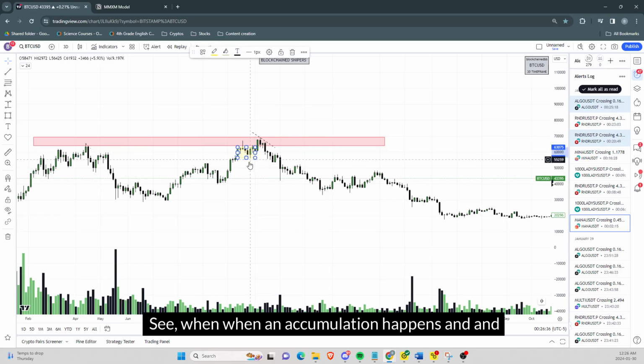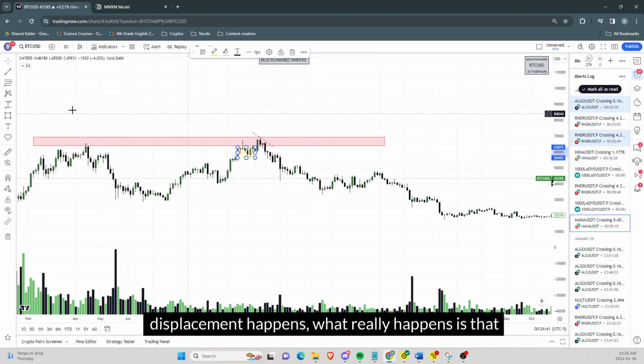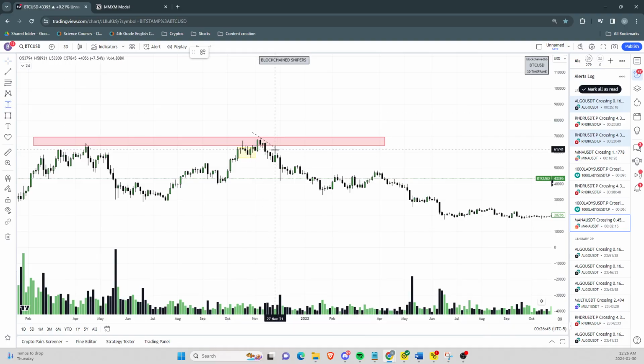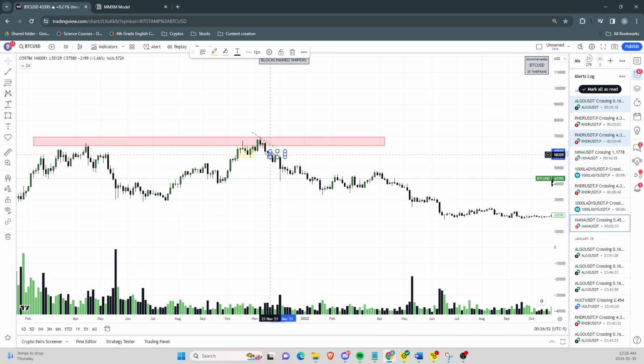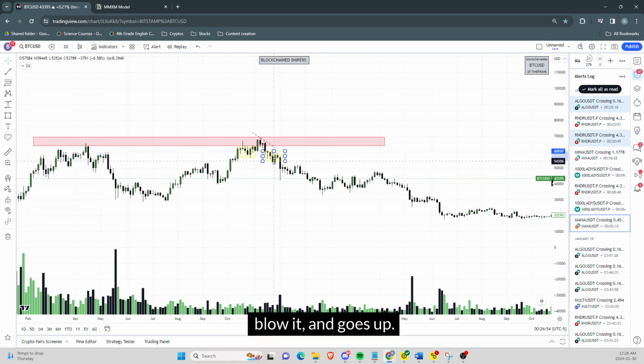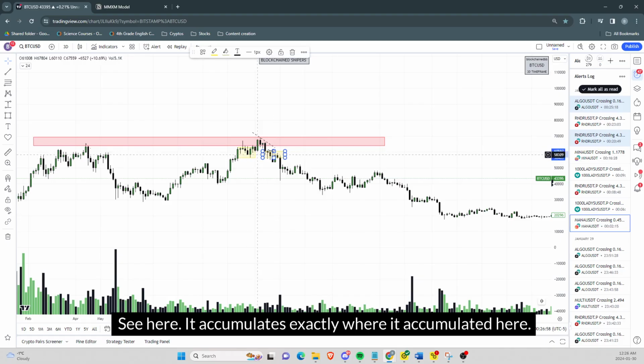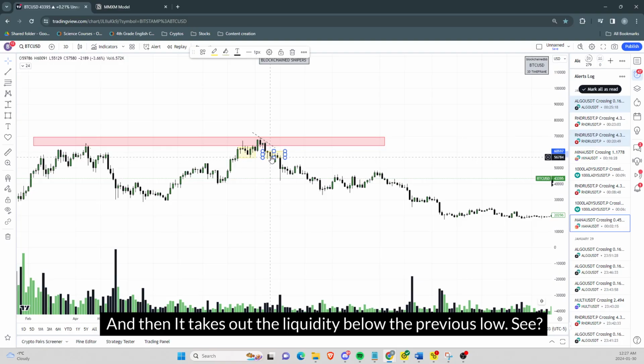See, when an accumulation happens and a displacement happens, the second accumulation happens on the opposite side of it, takes out the liquidity below it, and goes up. See, here, it accumulates exactly where it accumulated here. And then it takes out the liquidity below the previous low. See?